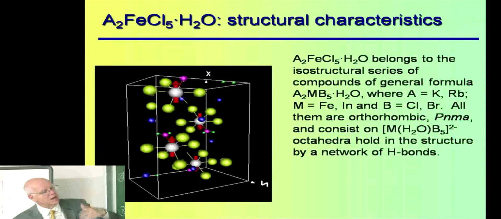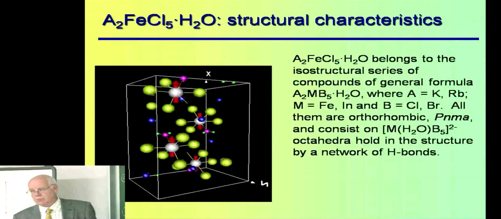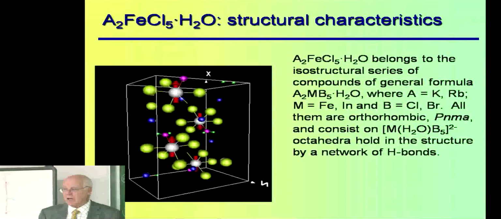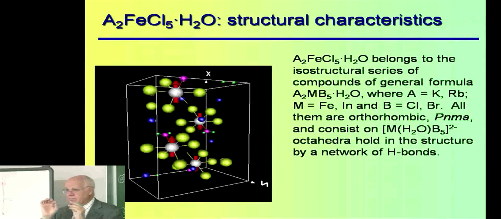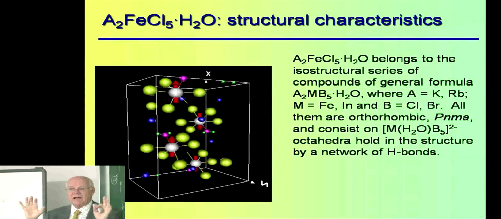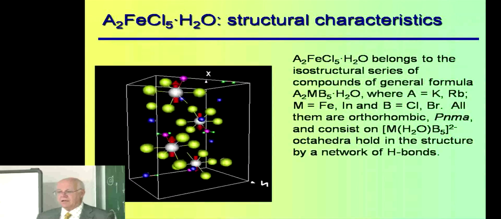There is ammonia and cesium and more. I will give you only examples of potassium and rubidium derivatives. And we can also substitute the iron by indium. Indium is non-magnetic, so we can substitute the magnetic sites in the antiferromagnetic lattice by non-magnetic impurities.